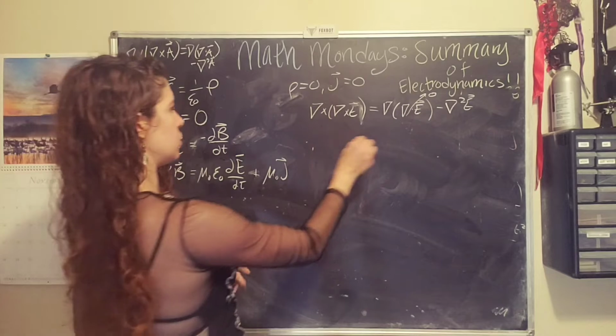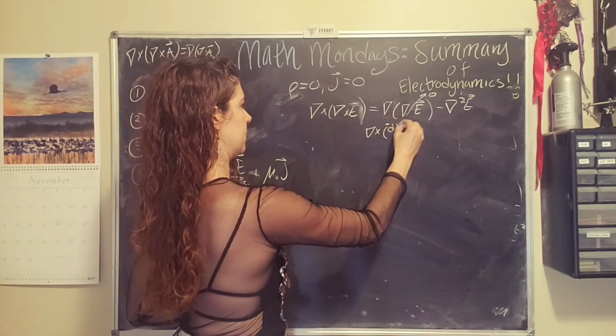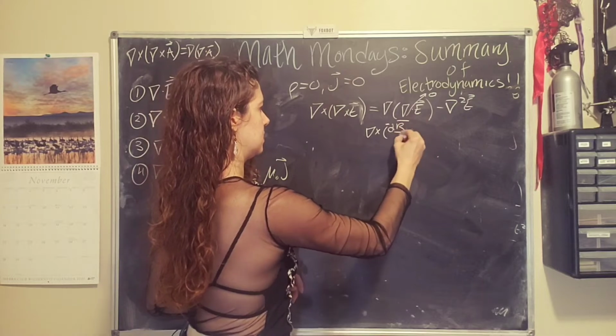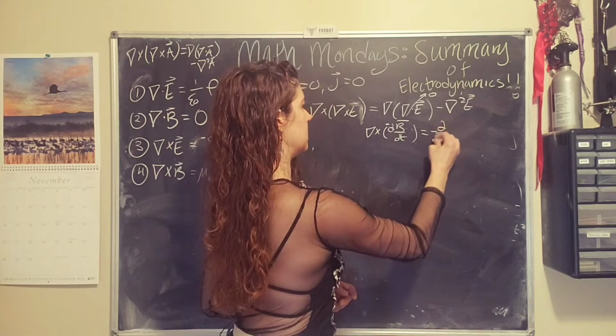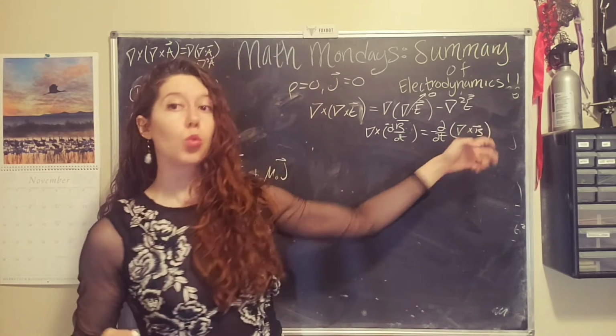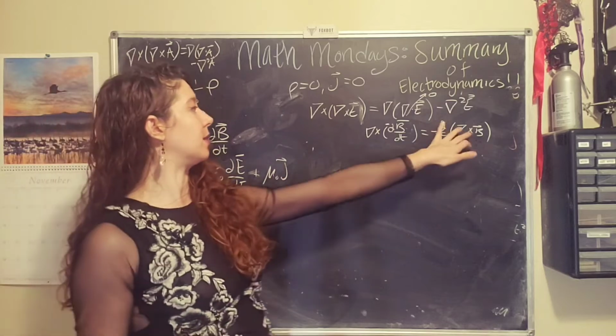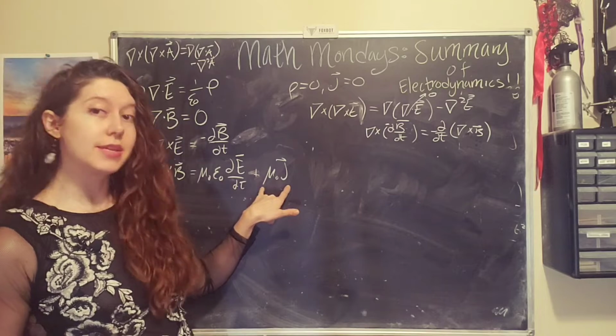On the other side, we do del cross negative dB dt. Then we can bring this in, so we get negative d dt del cross B. We want to get rid of all of the magnetic field terms, so we're going to replace it with this equation. This is 0.